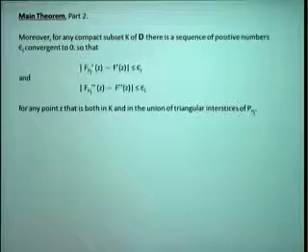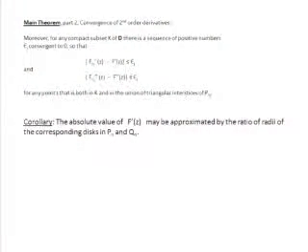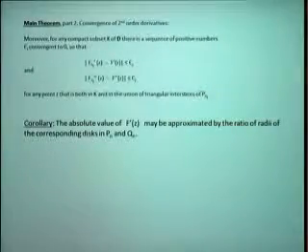They are actually fractional linear transformations in the set of triangular interstices. So a corollary would be that the absolute value of the derivative of the Riemann map, or of the conformal map, may be approximated by the ratio of radii of the corresponding disks. It does not matter if the disk is small or big. So this has really nice control on the size of the disks.